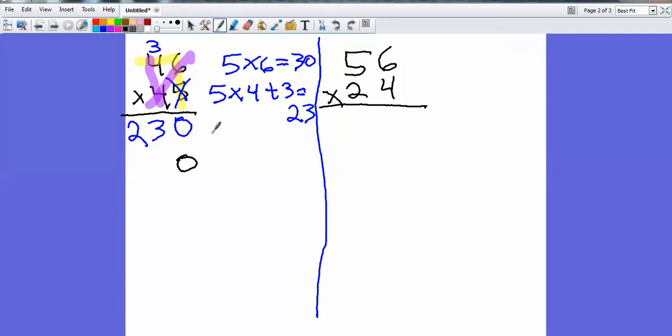Alright, so 4 times 6 equals 24. So now you're going to go over here and write a 4, and then I would cross out that 3 from earlier. And then we just carry the 2 right up above the 4. So now we do 4 times 4, which equals 16.